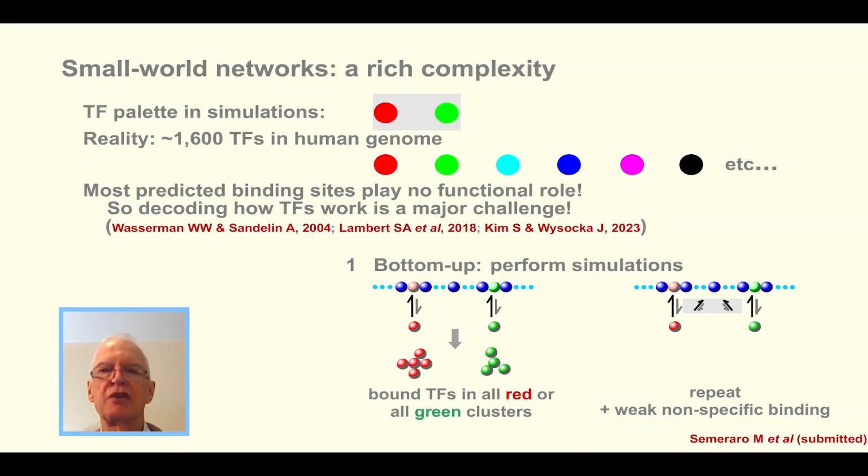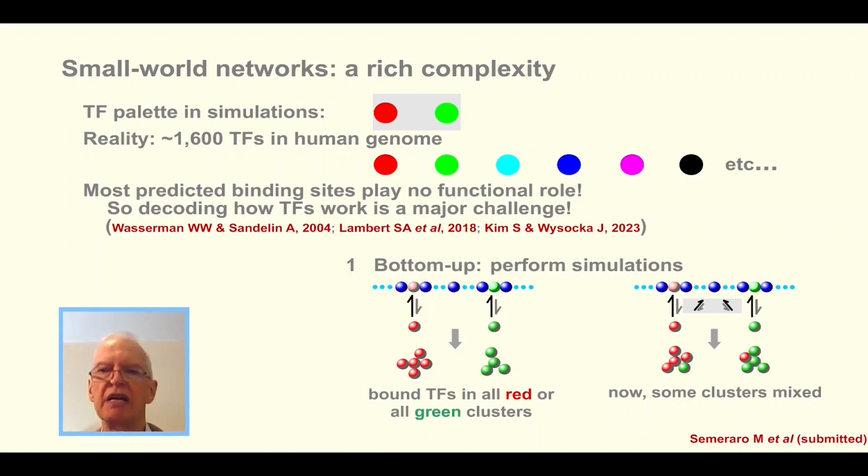We're going to say that factors not only bind specifically to their cognate sites, but also non-specifically to all the other beads in the string. And this is a perfectly sensible assumption because this is exactly what factors do.